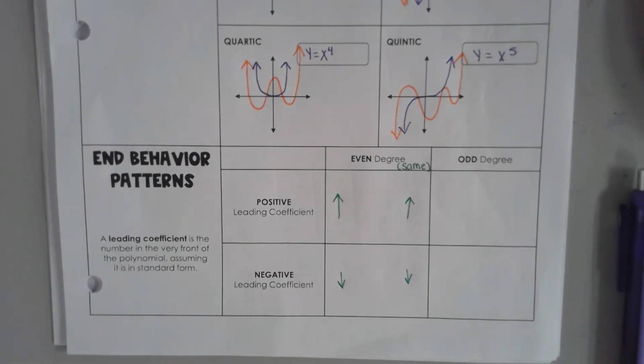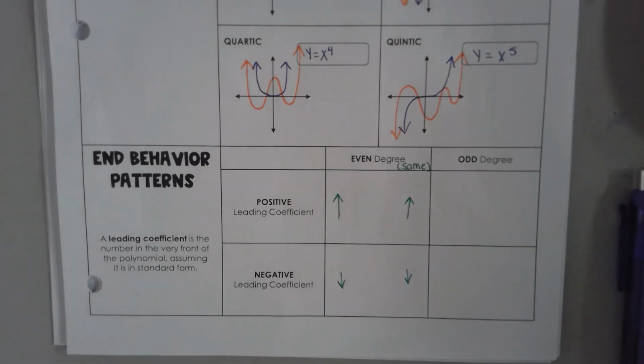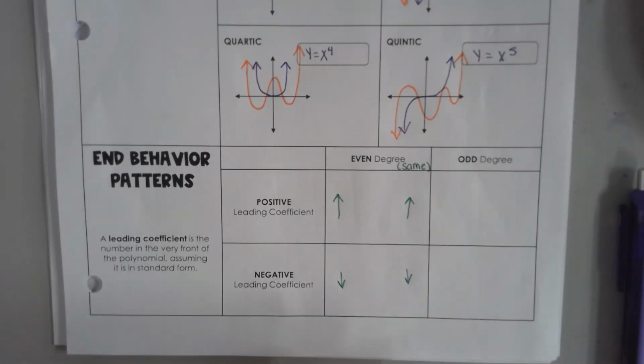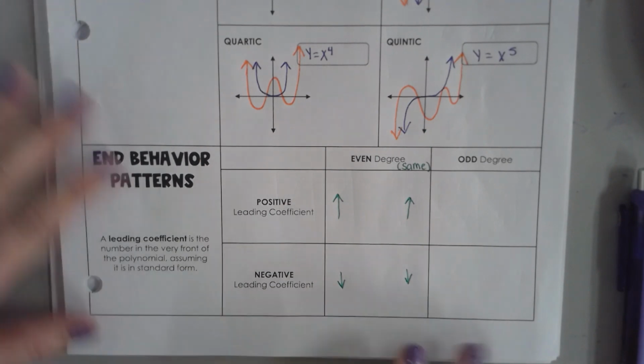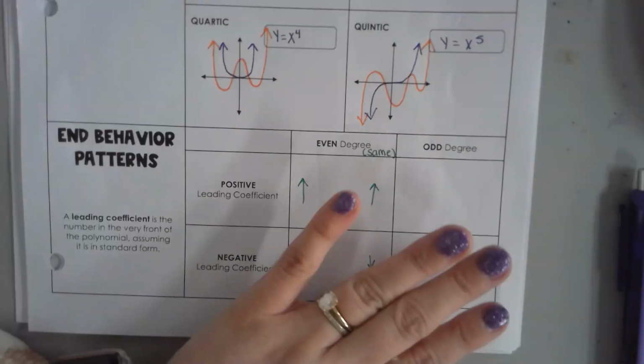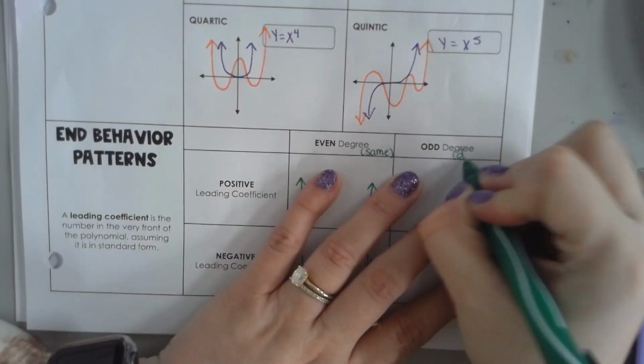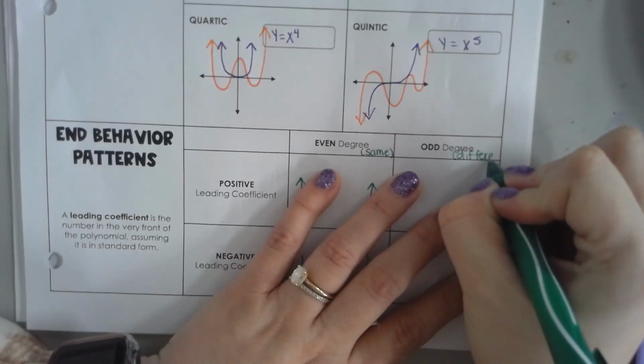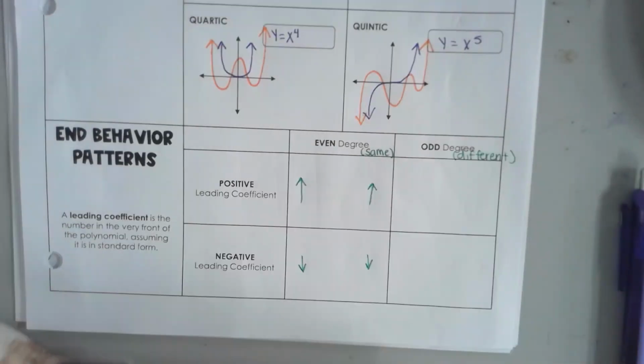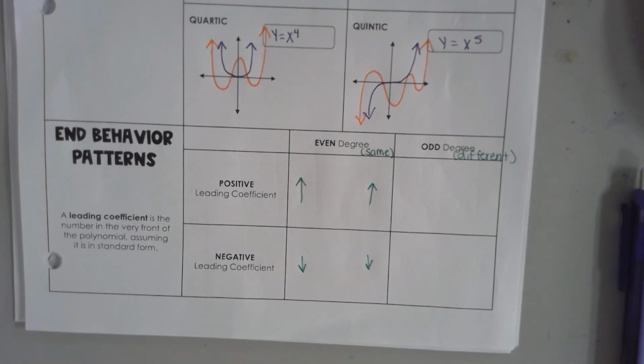Now if your polynomial has an odd degree, remember the degree is the largest exponent. If it has an odd degree, the arrows are going to go in different directions.